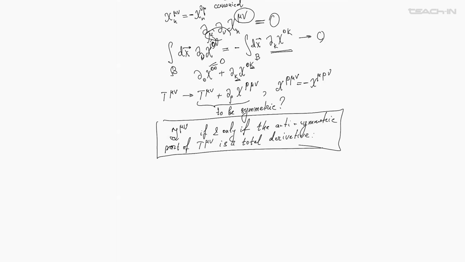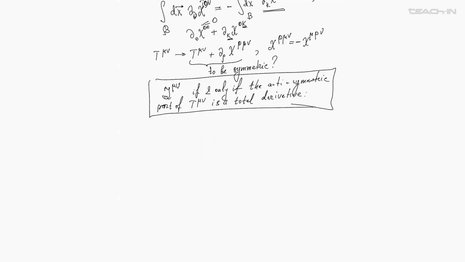Now, to prove this statement, first let's assume that the antisymmetric part is a total derivative. So it is ∂_ρ of some ω^{ρμν}, where obviously this ω satisfies this antisymmetry property with respect to indices ν and μ, because you see the left-hand side is antisymmetric in μ and ν.